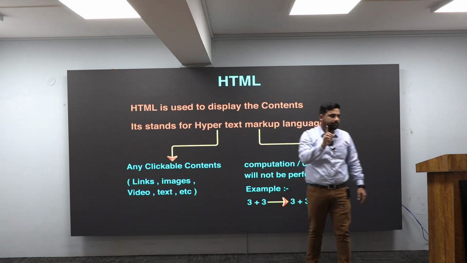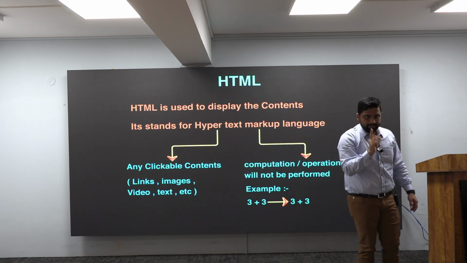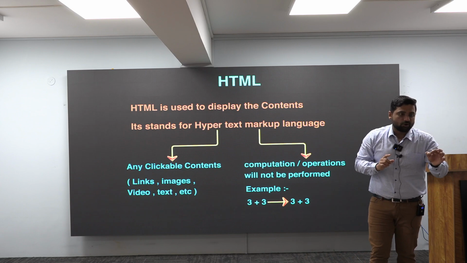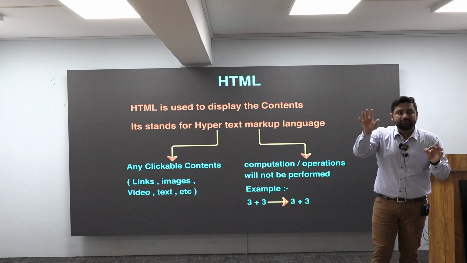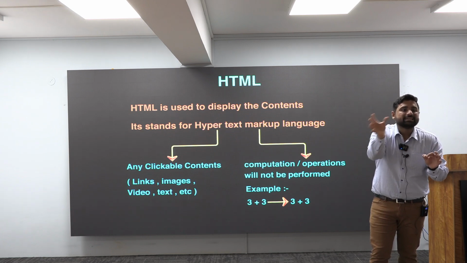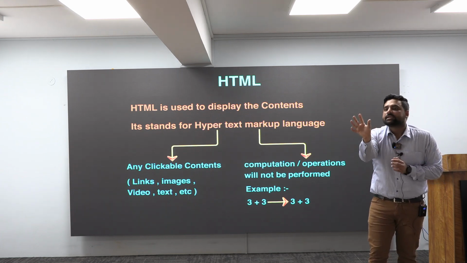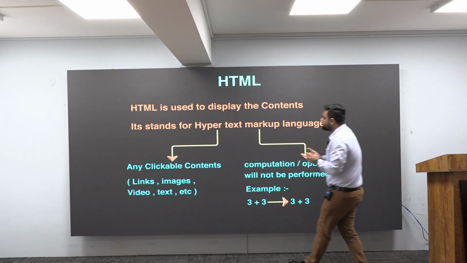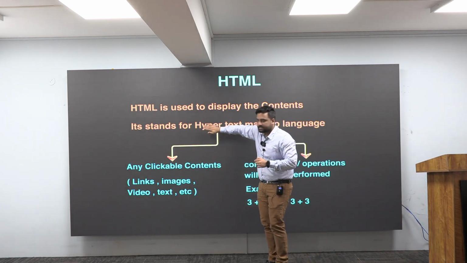Now if an interviewer asks what you mean by hypertext, how will you answer? Any clickable content. Whatever content we have in a browser, web application or website can be clickable or non-clickable. So any clickable content we have to consider as hypertext. Am I clear, my friends?